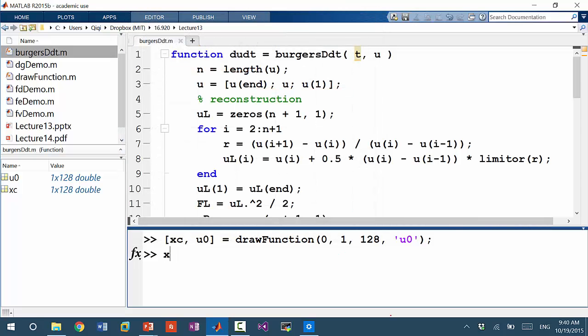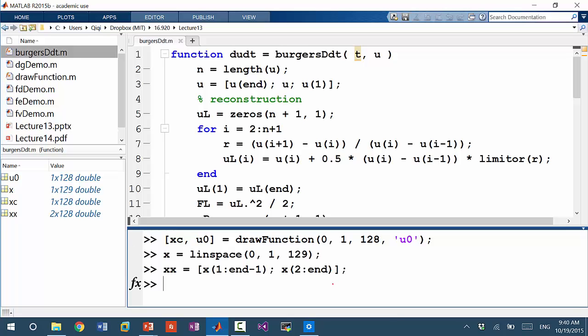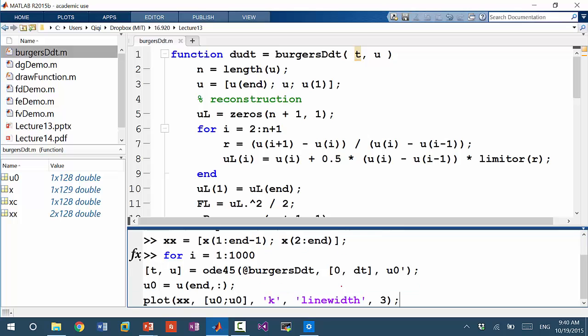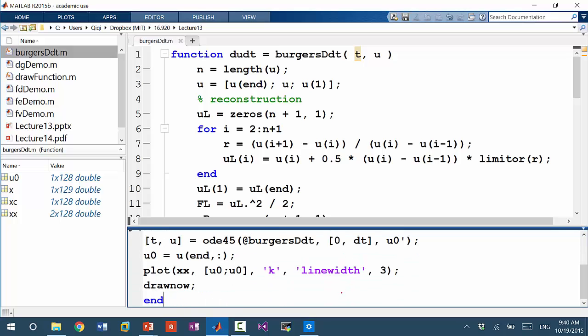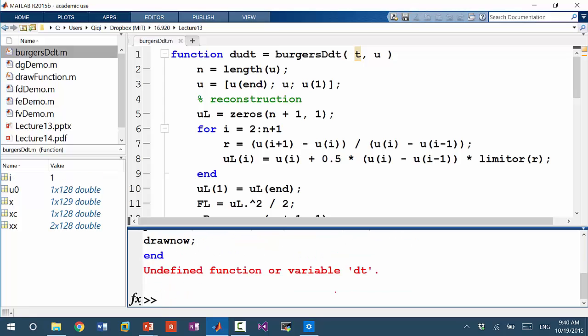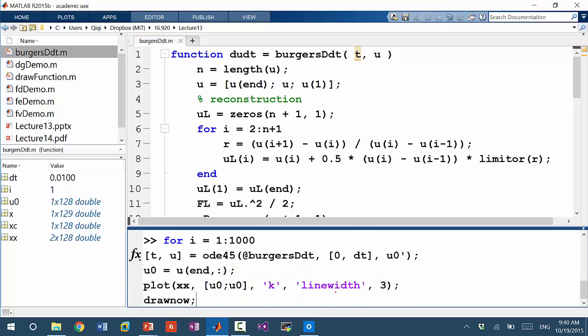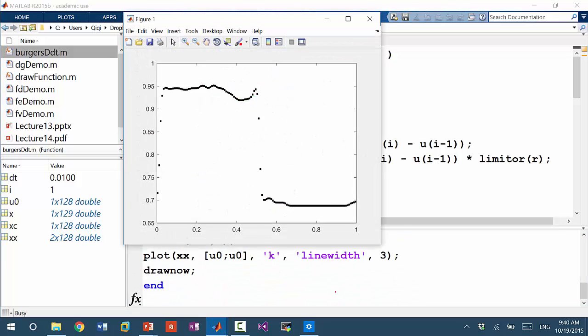I still need my x and xx, just for plotting purposes. Here I'm going to do a for loop that is exactly the same as what we did before. Let's run with this code. I need to define a dt, and go. Here we go.